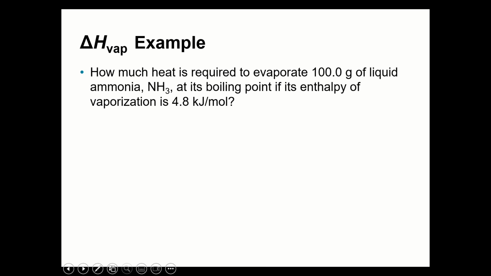So as an example, we have how much heat is required to evaporate 100 grams of liquid ammonia at its boiling point if its enthalpy of vaporization is 4.8 kilojoules per mole. Okay, so these are similar to maybe some general chemistry 1 questions that you may have experienced with dimensional analysis.